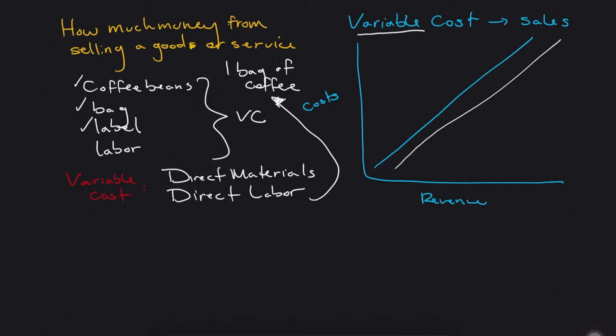Now, on top of this, we also have what we call other variable costs. And this is a very broad category, but ultimately other variable costs include costs that are associated with the sale, but don't fall into these two categories here. So a couple of examples include credit card processing fees, which we often forget about.